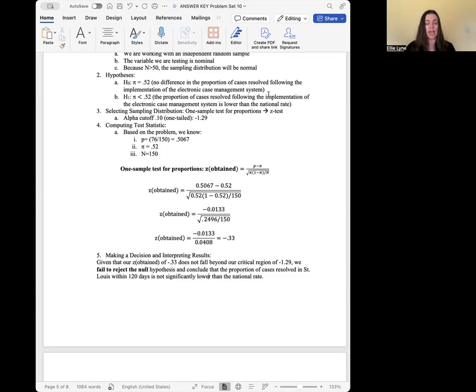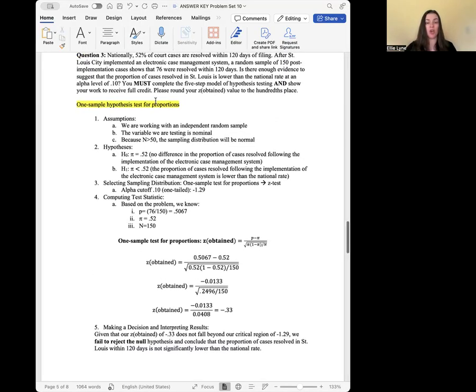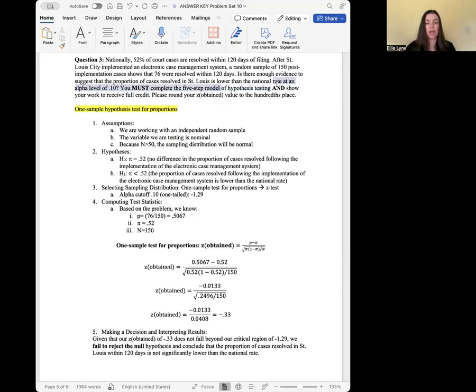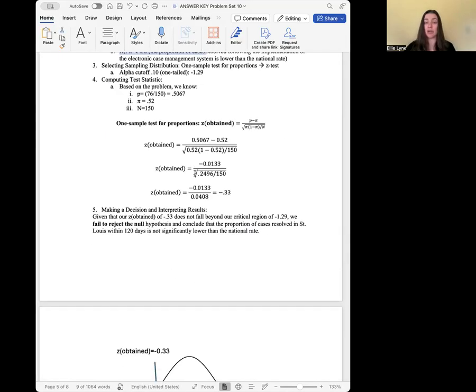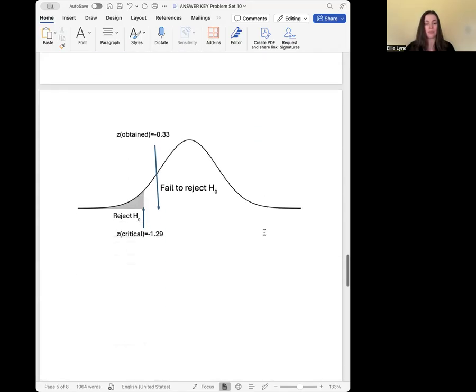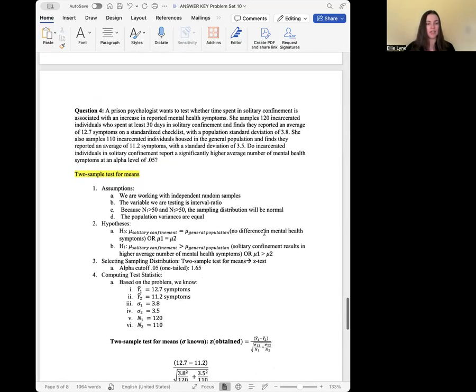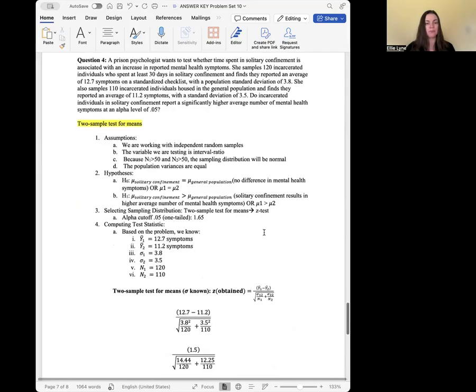So keep that in mind as you are working throughout. It needs to be consistent from the problem itself, right? Because it's specified we wanted to know if it was lower than the national rate. So that's what we included in our alternative hypothesis, and that language should remain consistent all the way down to our very last interpretation. All righty, very last question here with question number 4.